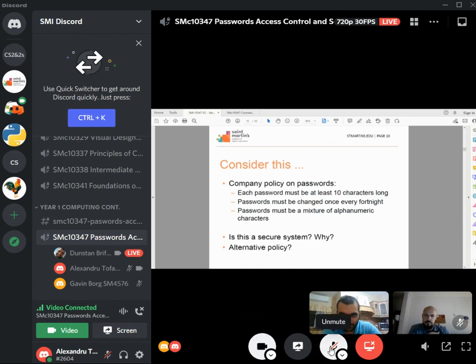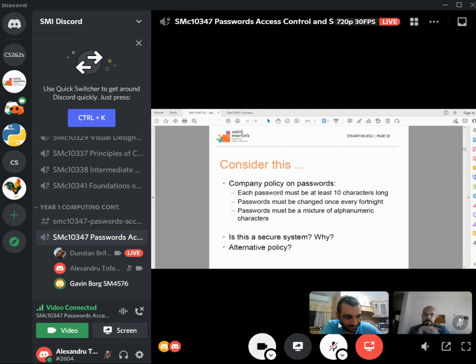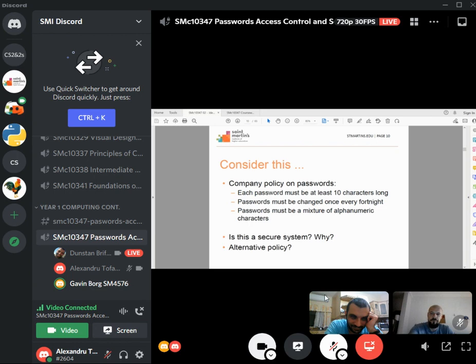Sounds very secure, to be honest. Okay. Is there anything you would change? I wouldn't make it so aggressive every fortnight because, speaking from experience from users that I work with, they usually tend to use the same password, but in different symbols, different letters, and that is pretty much just changing the password but keeping the same password.